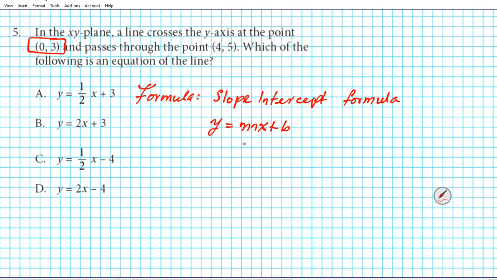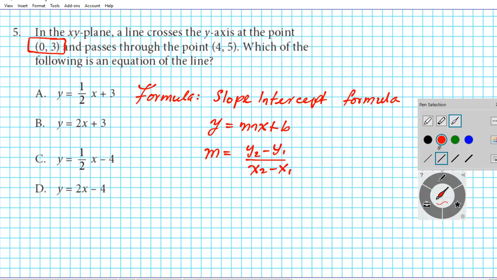There is also another component, which is the slope component. m is the rise, y2 minus y1, over the run, x2 minus x1. So what we're going to do in this problem is identify the y-intercept first, and then we find the slope, put them all together into this equation, and that will be our equation of the line.